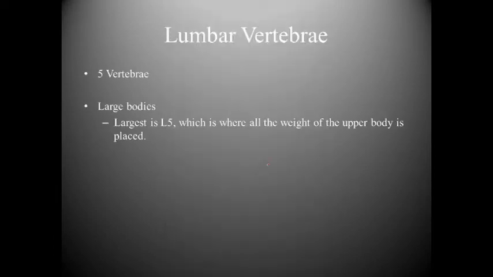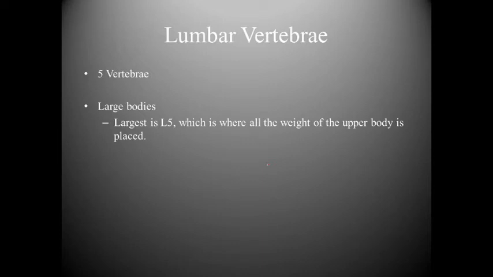That brings us to the lumbar vertebrae. As we all know, there are 5 lumbar vertebrae, and they're large in terms of body type. They are very bulky, and the largest is L5, which is where all of the weight of the upper body is actually placed.